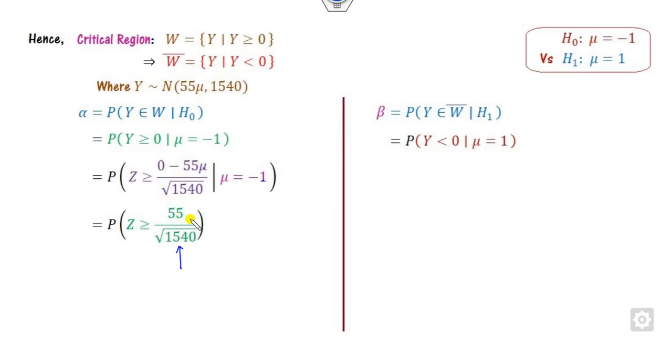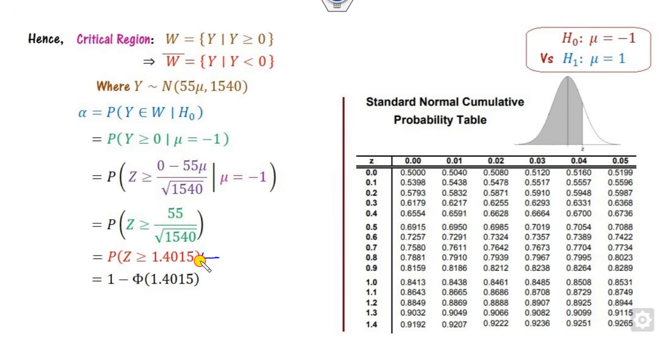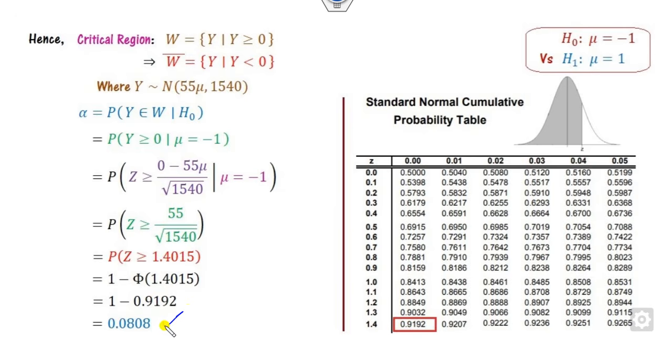After this solution, you will get this answer. How do you find this? It is nothing but the CDF of the normal distribution, which you can see from the table, 1.4, 1.0. So you will get this value, and this is the value of alpha.